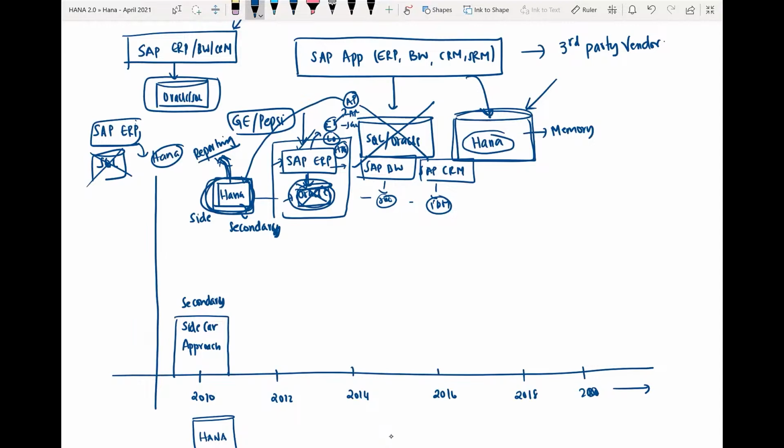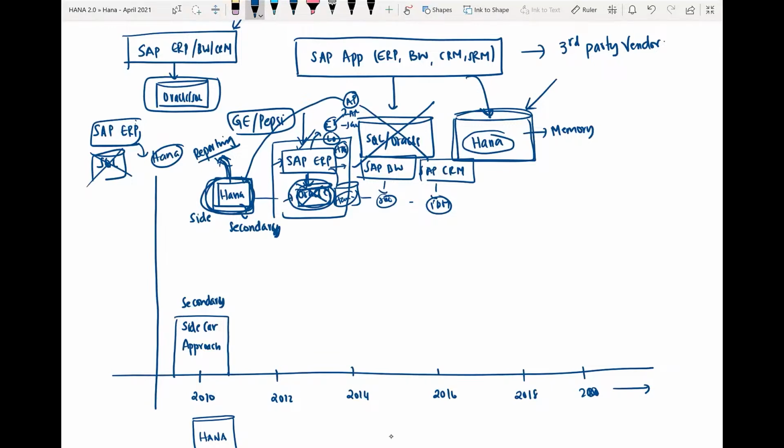That's where every information about your organization is stored. You don't want to jump the gun and replace it with a HANA system. Even though HANA had shown promise, companies were not ready to make that plunge and say, okay, I'm going to replace my database that is supporting the most primary critical application, which is ERP, and replace it with a HANA system.